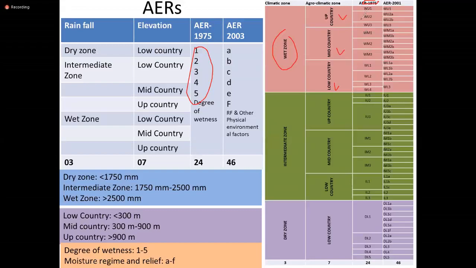What is the W? That is wet zone. We indicated W as wet zone, intermediate zone as I, and dry zone D. Likewise, up country U, mid country M, and low country L. Understand, right? So once again, you can look at these characteristics. Wet zone named as W, intermediate zone named as I, dry zone named as D. Likewise, up country U, mid country M, and low country L, respectively.